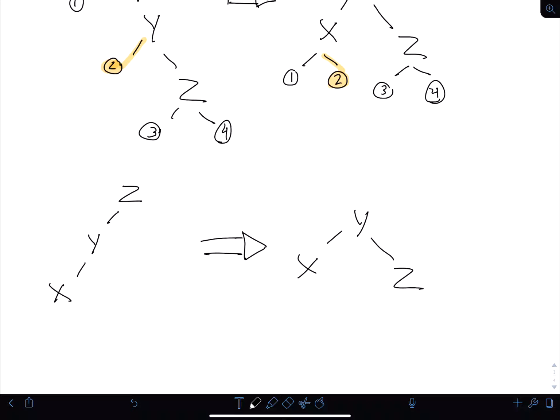And your children, 4 and 3, these children remain the same. These children remain the same. We'll call that 1. The only one that's going to change is, again, the Y.